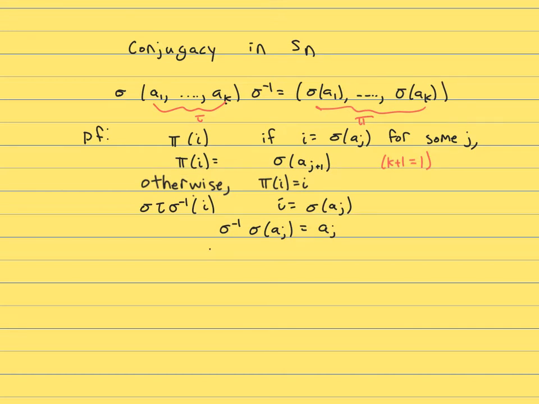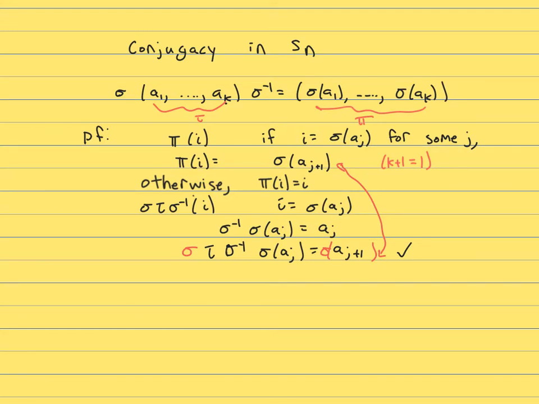Then what happens when I hit it with tau? Tau of sigma inverse of sigma a_j is a_{j+1}, because the cycle sends a_j to a_{j+1}. But then what happens when I compose with sigma? I get sigma of a_{j+1}. Oh look, that's exactly what I get when I compute with pi. So when i is sigma of a_j for some j, I get equality between these two functions.